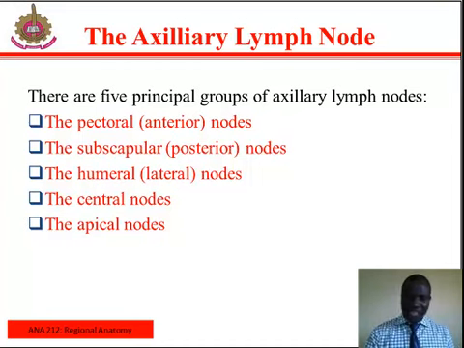The humeral, that is the lateral nodes, consist of 4 to 6 nodes that lie along the lateral wall of the axilla, medial and posterior to the axillary vein.